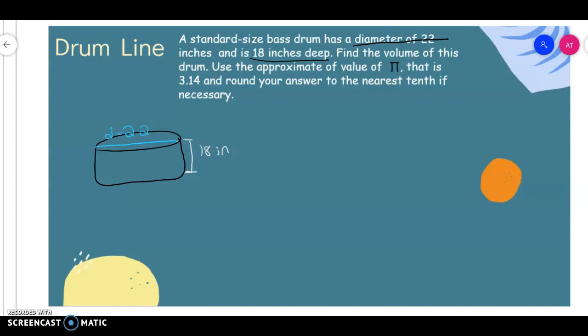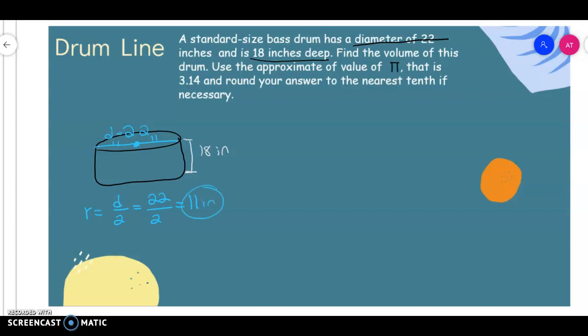Well, I actually need a radius, not a diameter. So in order to figure out the radius, I need to take my diameter and divide it by 2. So I'm going to take 22 and cut it in half, which would be 11. So each radius is going to be 11 inches.